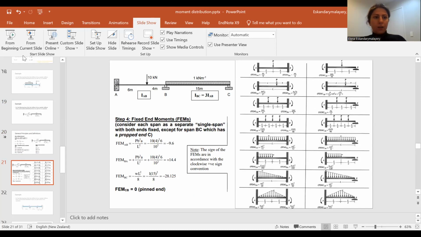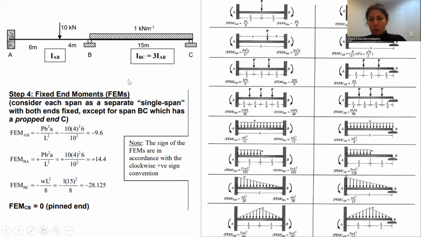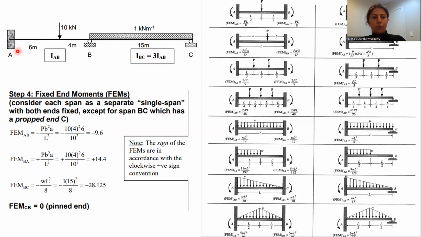And then we have the fixed end moment. If we lock joint B, we have AB, which has 2 ends fixed, and BC, which is fixed at B and roller at C. So for AB, which case would that be?